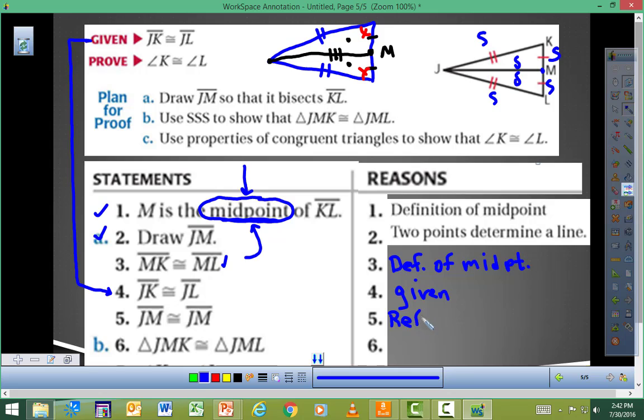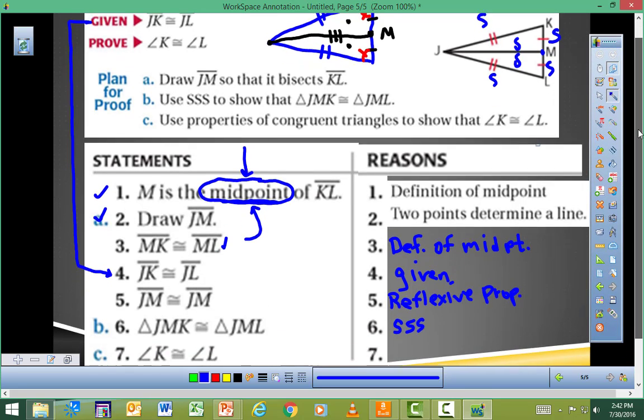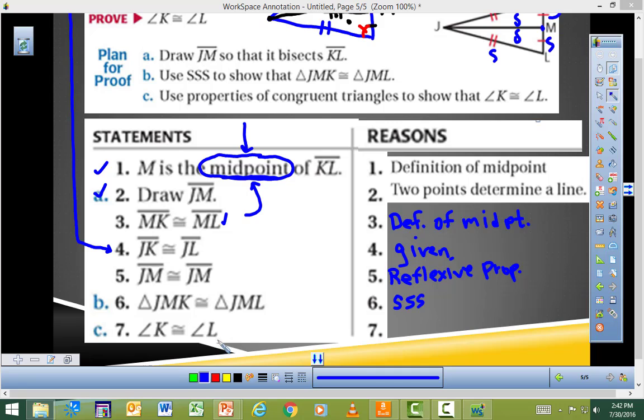That's simply the reflexive property. Okay, reflexive property. And so now we can say the two triangles right here are congruent by side, side, side.